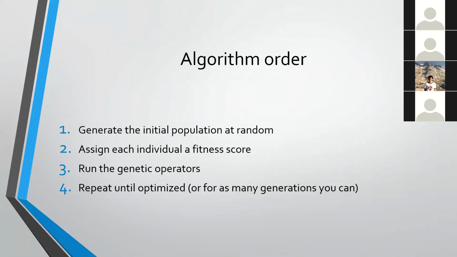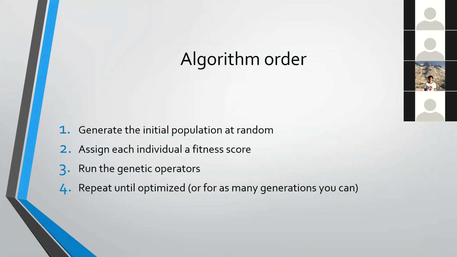And then it'll go through whatever procedure you defined earlier to develop its fitness score. Once all the individuals have a fitness score, you run through all the genetic operators and selection methods to generate the next population. And you just repeat and repeat and repeat until eventually you get something that looks all right, well, at least as far as you can tell.